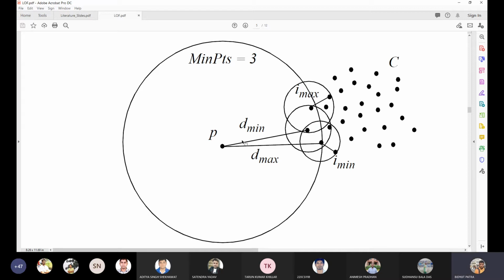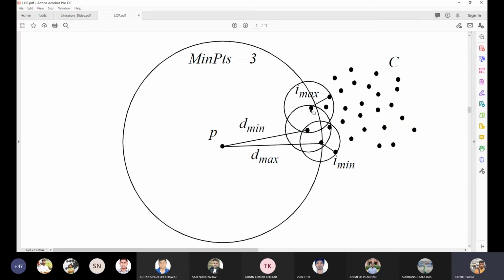So to compute reach dist, how do you do it? You have to compute the nearest neighbor of this point. So the nearest neighbors of this point are 1, 2, 3. Then what is the reach dist of point P with respect to this one?